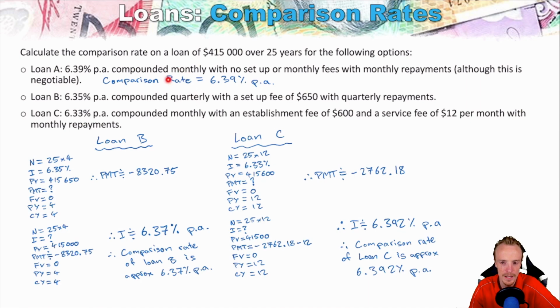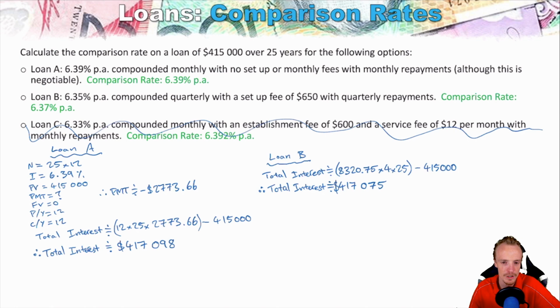When things start compounding differently, we need to consider how much we are going to repay in total for the loan, make a comparison of that, and then make a decision about whether that difference is really meaningful. Is it significant? And if it's not significant, then you start looking at the actual structure of the loan itself to determine which loan is actually going to be best for you.